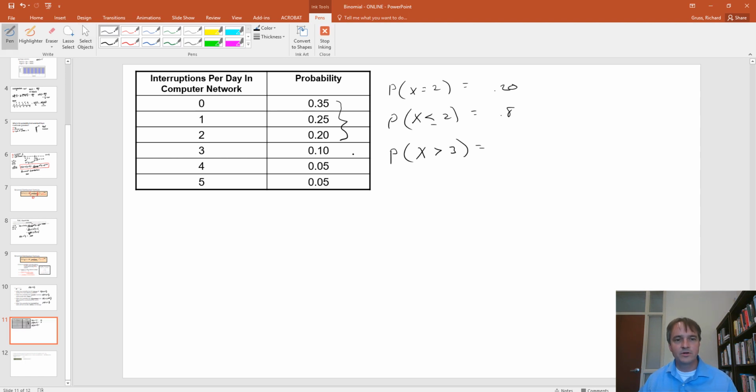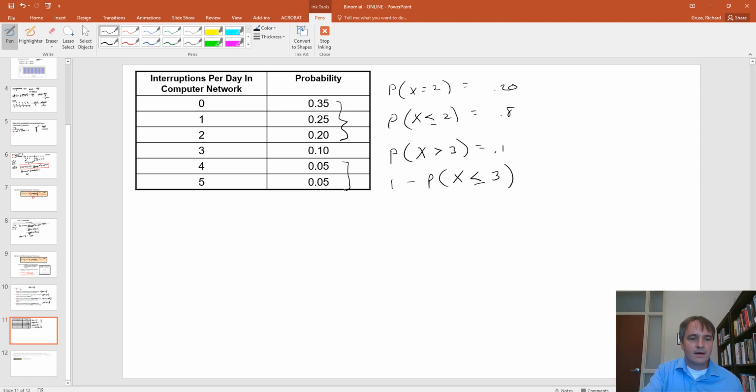So the only cases where it's greater than 3 are these 2. So we can add these up and we'll see that it is just 0.1. Or we can also do, because we know that these add up to 1, it'll just be 1 minus the probability that x is going to be less than or equal to 3, right?